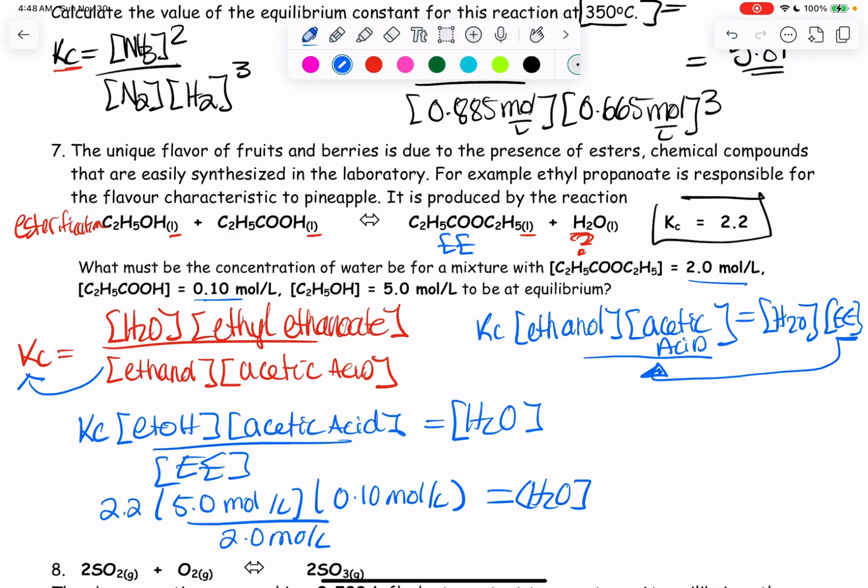And so the concentration of water should equal 5.5 moles per liter. So you can flip these formulas around, easy peasy, lemon squeezy.